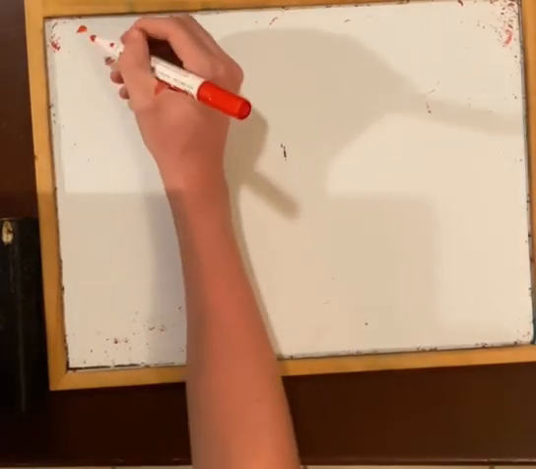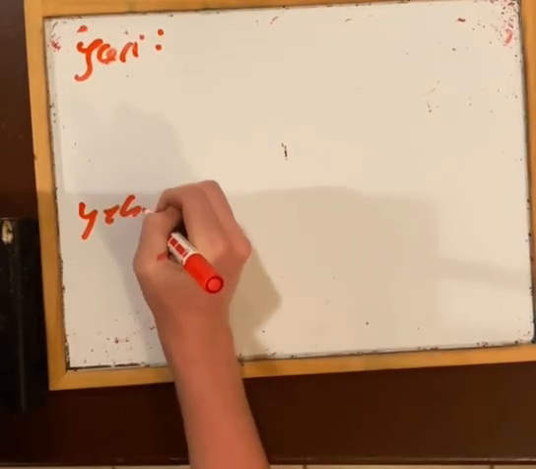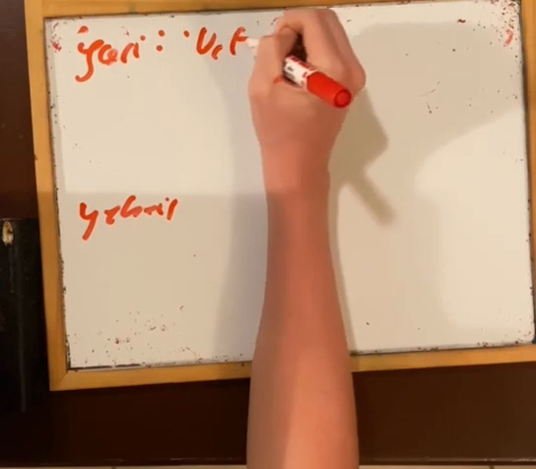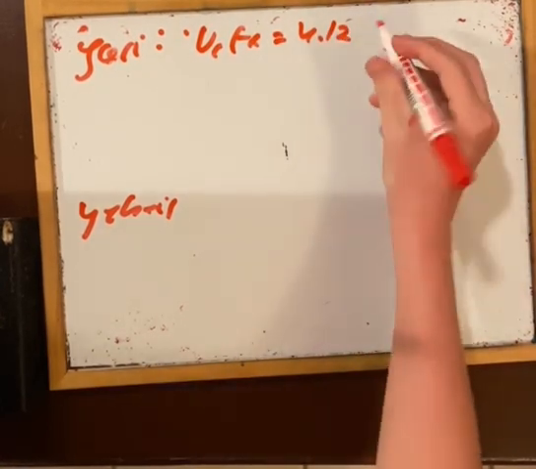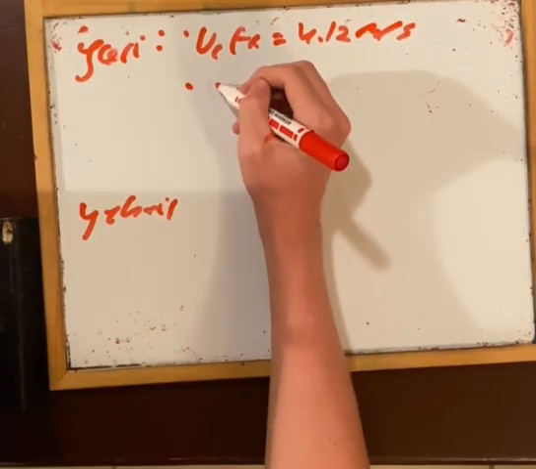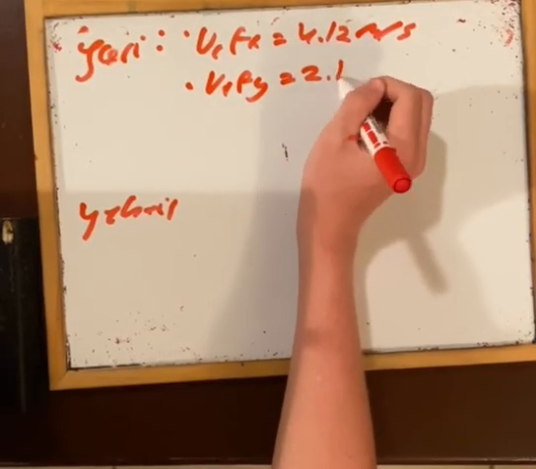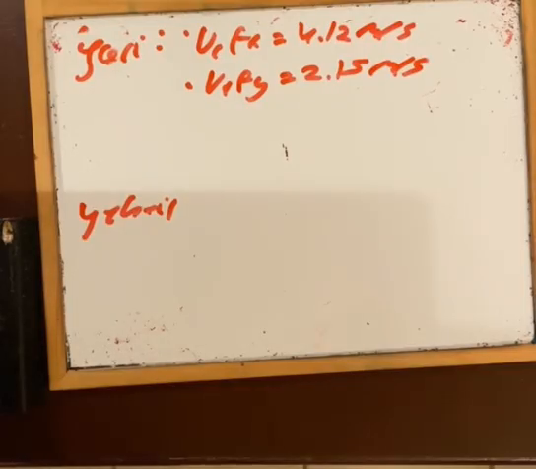Okay, so these are my final components. My final components would be for Yari, and then for Yehiel. So v1f of x equals 4.12 meters per second, and then v1f of y equals 2.15 meters per second.